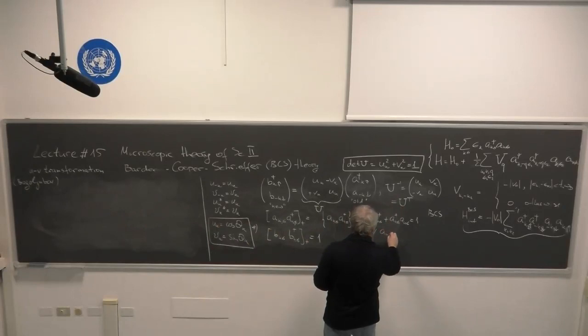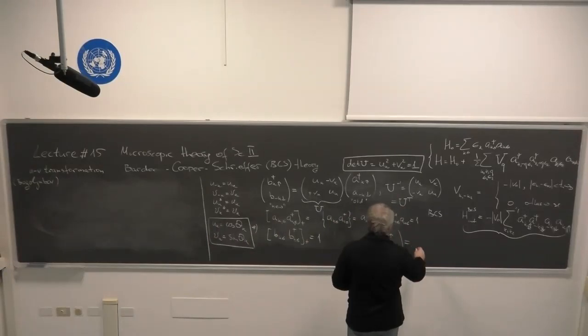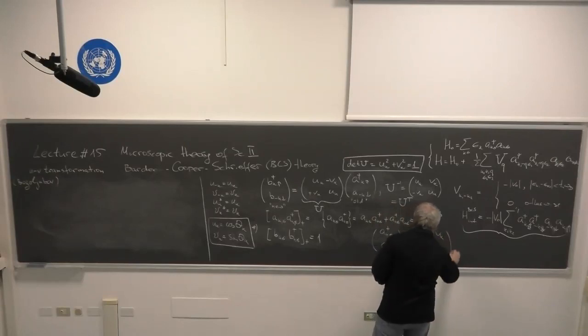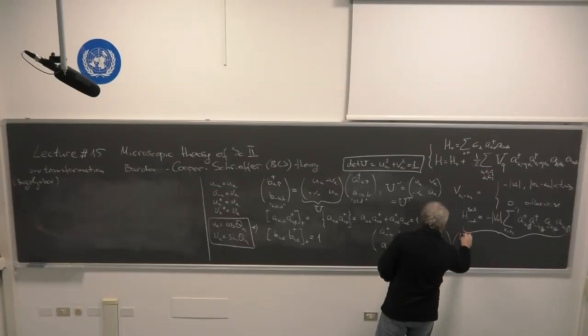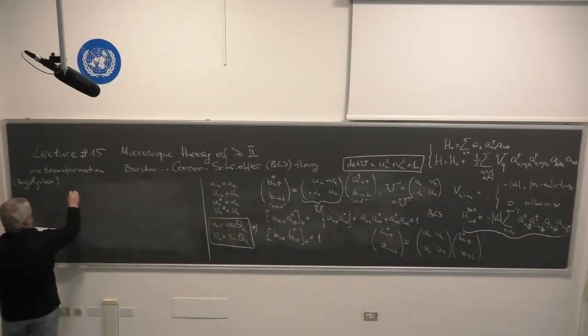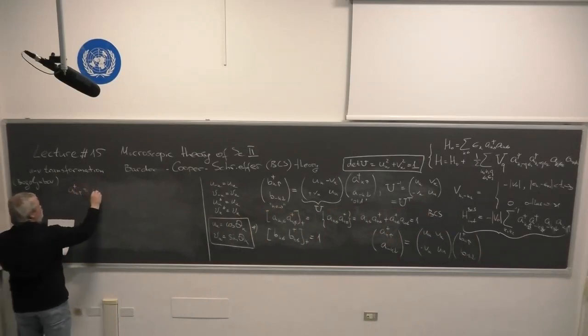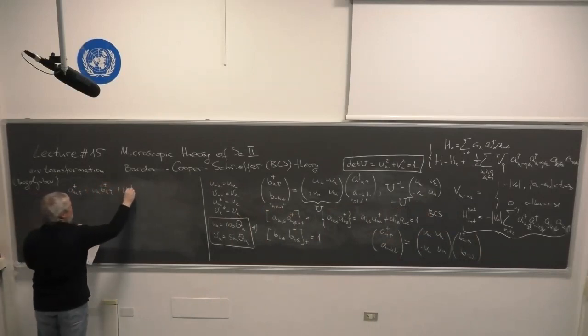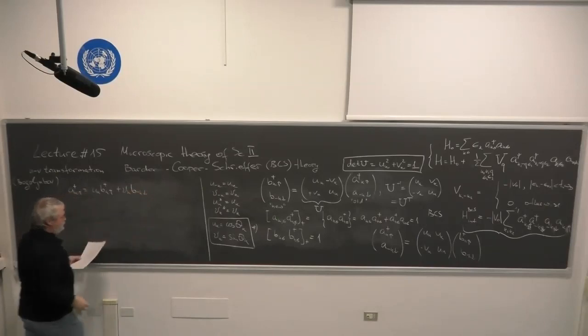a_{k↑}, a†_{-k↓} is equal to u_k, v_k, minus v_k, u_k, times b_{k↑}, b†_{-k↓}. I'm writing explicitly the connections. So a_{k↑} is equal to u_k b_{k↑} plus v_k b†_{-k↓}.